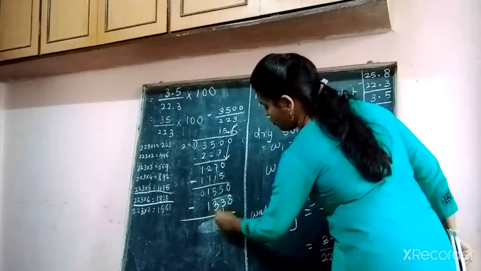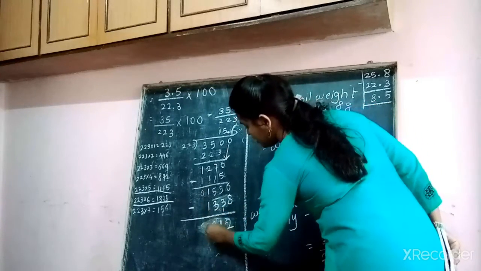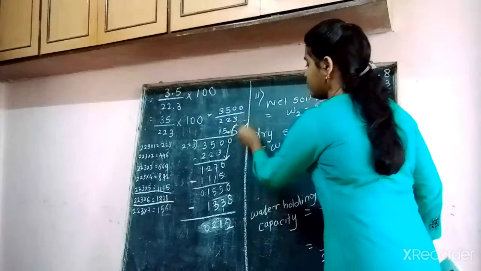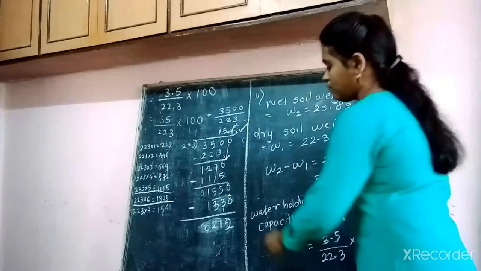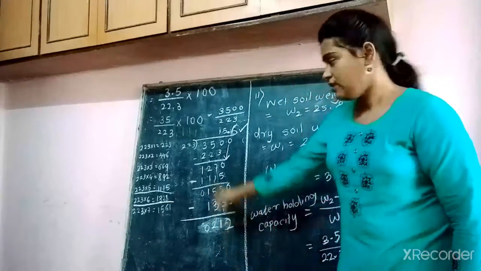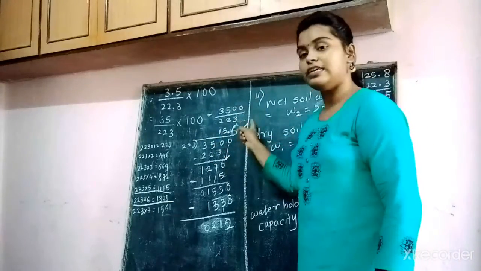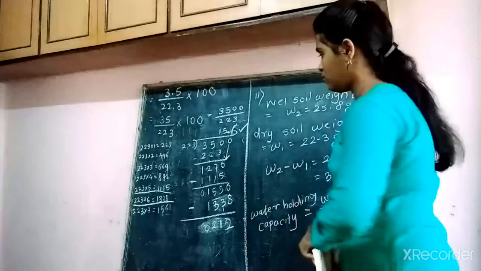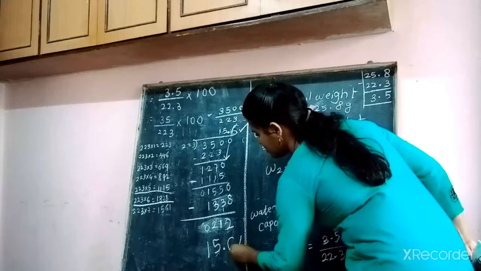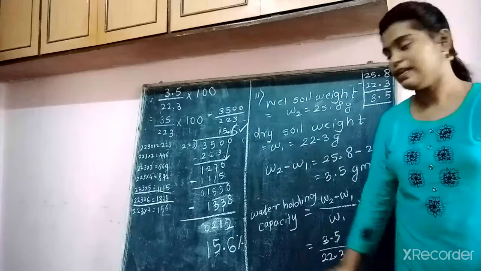Carry 1. 4 minus 3, 1. 5 minus 3, 2 and 0. So now we have the answer 15.6. We won't do this further because it would take too many steps again. It's okay if we find the answer to one digit after the decimal. So the final answer is 15.6%. The water holding capacity for sample A will be 15.6%.